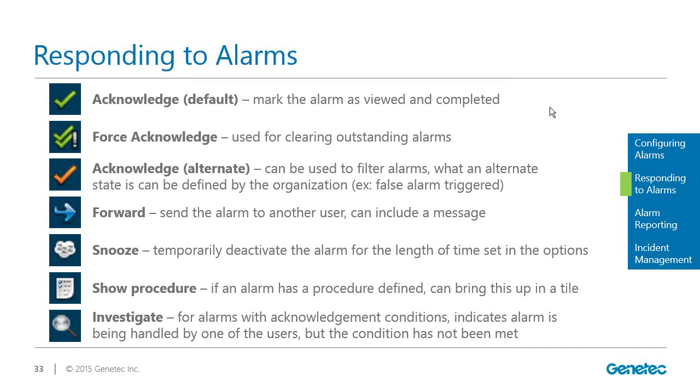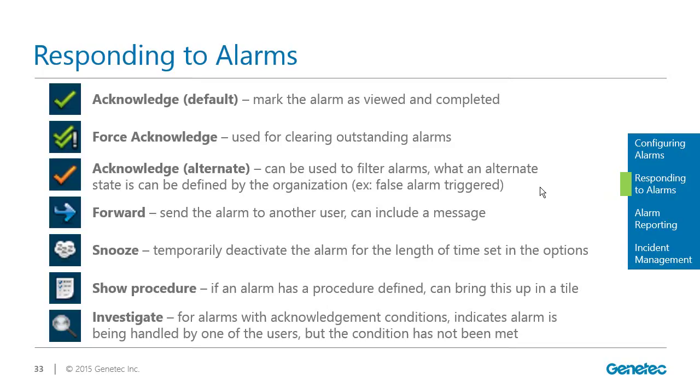If we have a bunch of alarms going off for the same alarm type, we can force acknowledge that. You just go to the alarm, right click, and there's a force option here. That's more if you've got a bunch of alarms going off for something that you know about, and you can just go in and clear those afterwards to put the system back in a normal state.